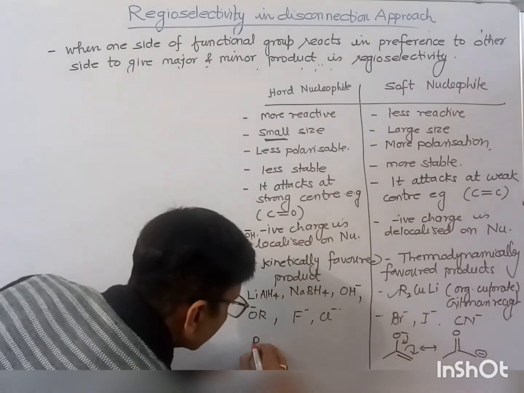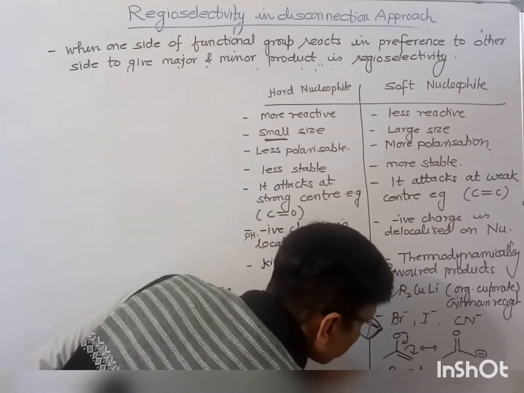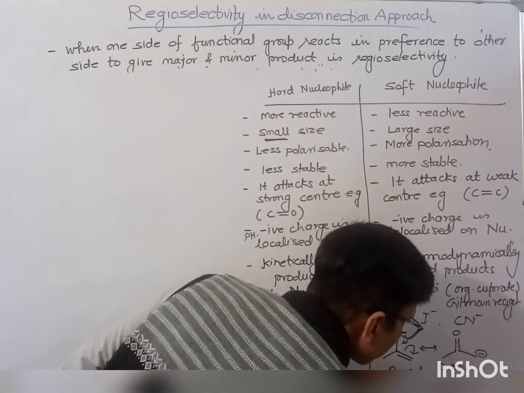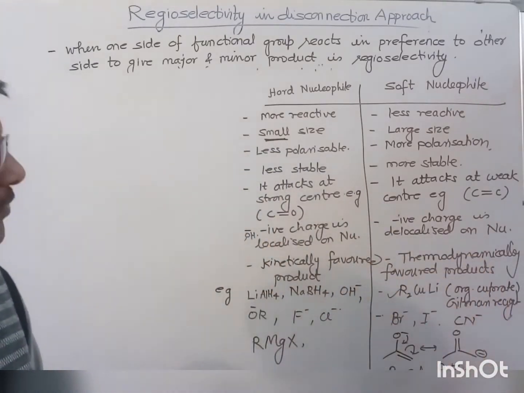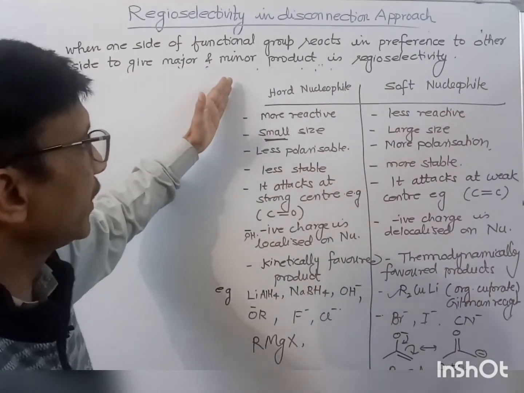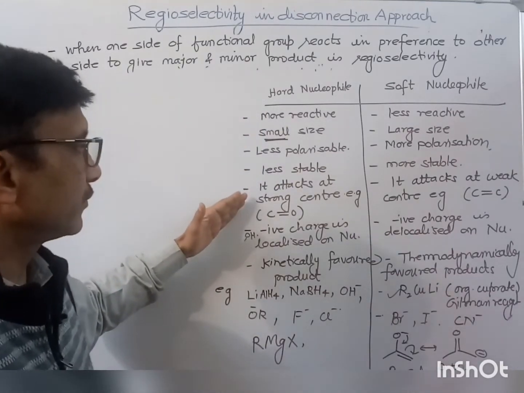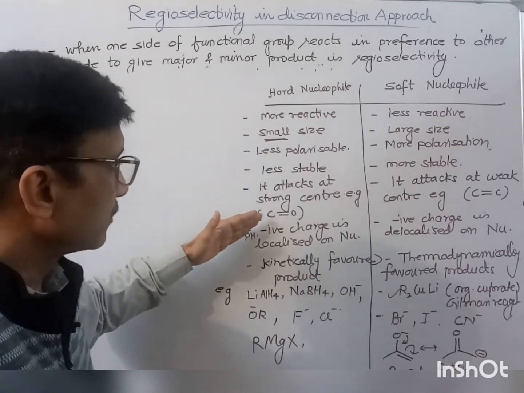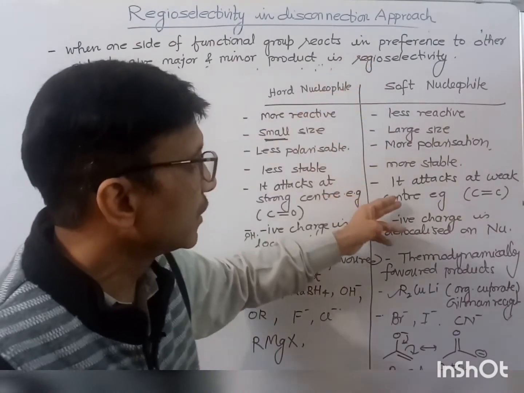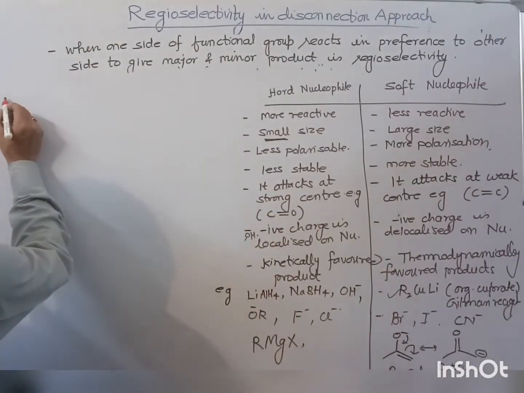Other examples include the Grignard reagent. These are some examples of hard and soft nucleophiles. A hard nucleophile, being more reactive, attacks at a hard center like the strong carbon-oxygen bond, whereas a soft nucleophile attacks at a soft center like the weaker carbon-carbon double bond. Now let's take one example.